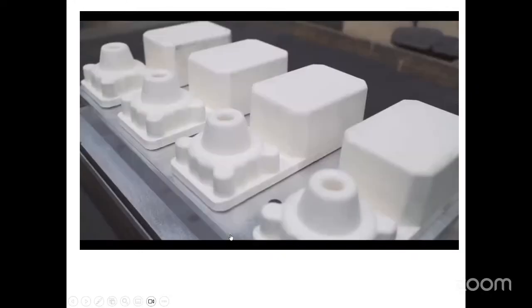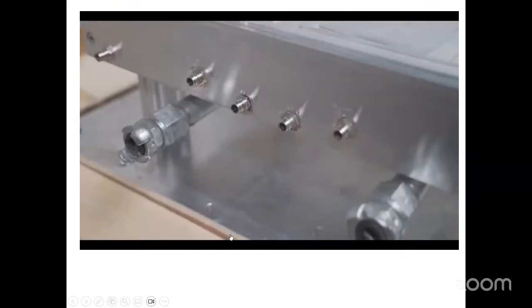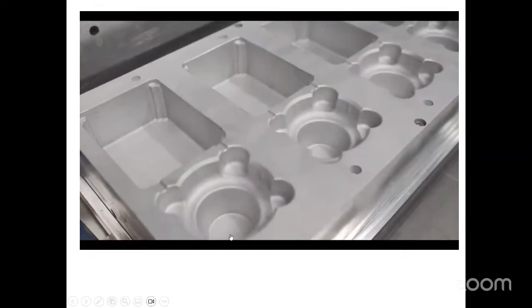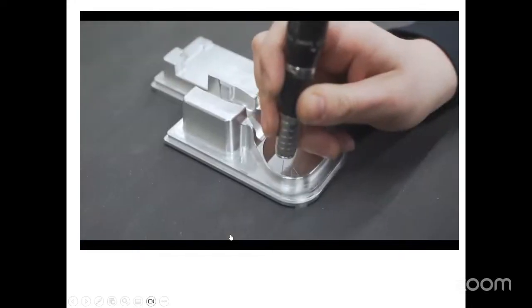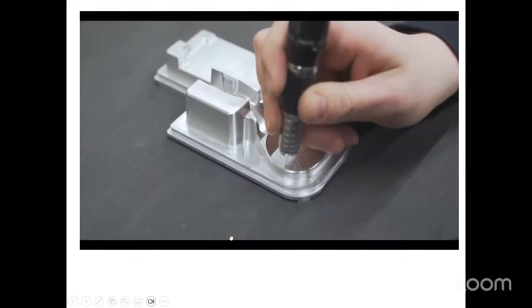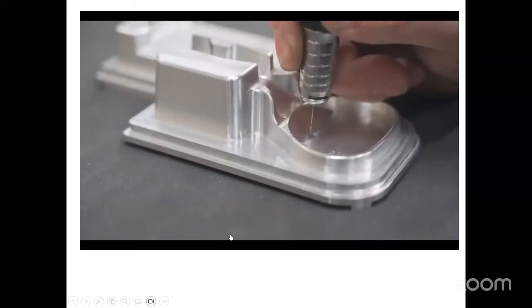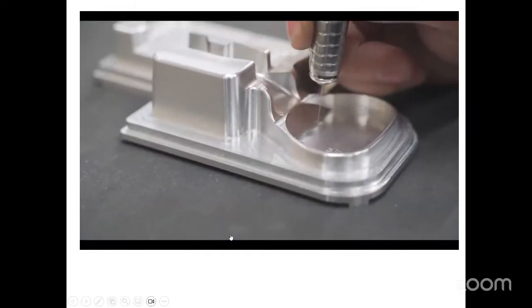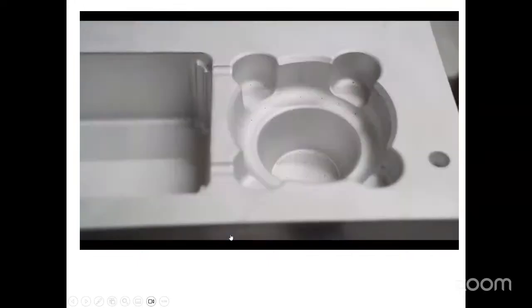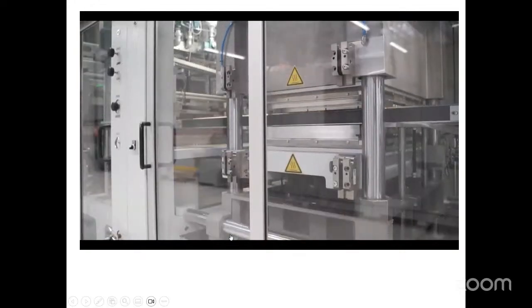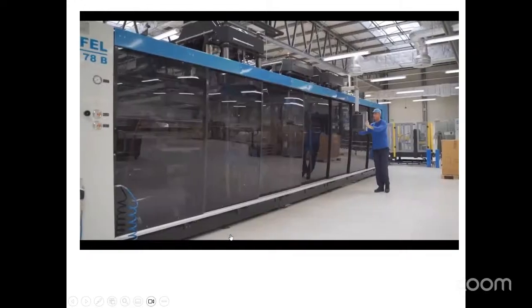By CNC machine, they are manufacturing the mold, right? See, they are now putting the vent to get the vacuum from that.